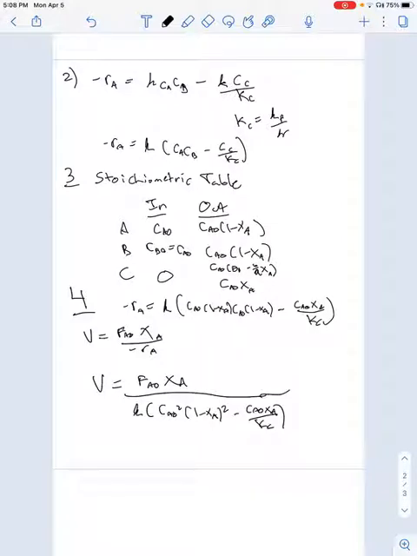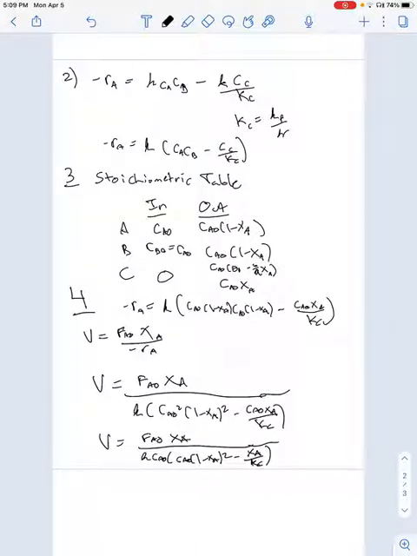Alright, and so we can take a CA0 out. So we'll say V equals FA0 XA divided by k CA0 times ((1 minus XA) squared minus XA over Kc). Alright.